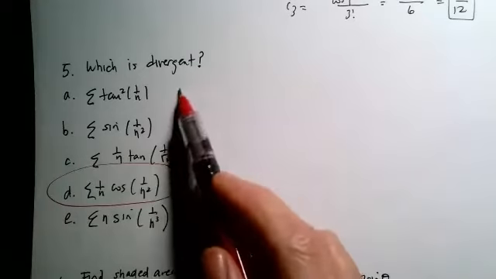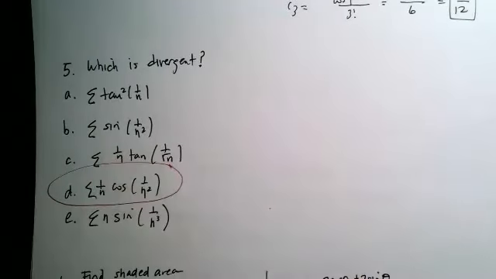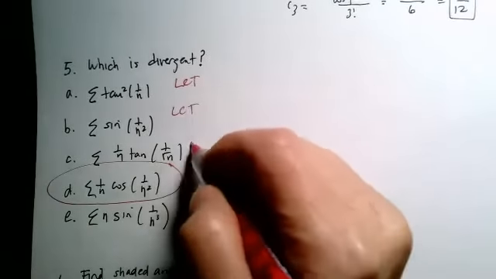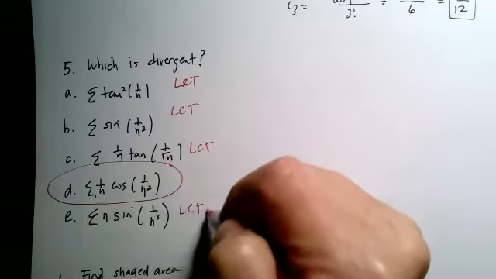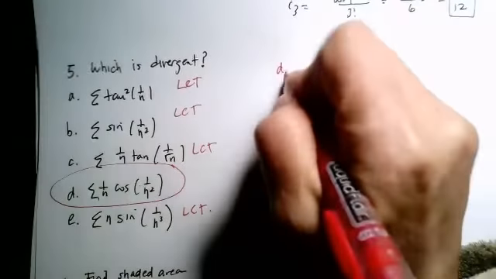Okay, and when we see tangent and sine, we know these are going to be limit comparison. Okay, so let's try limit comparison here.